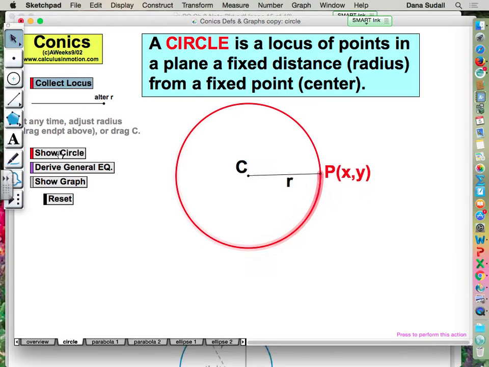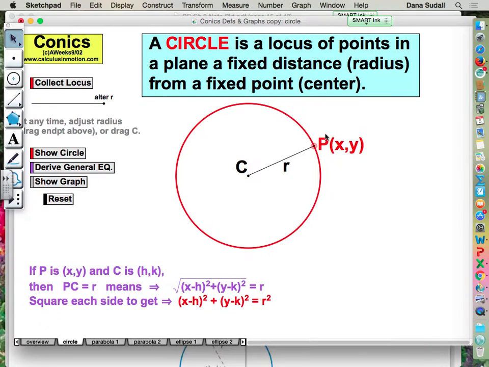And if I want to find the distance from any one of those points to the center, I would use my distance formula. So x minus my x coordinate, and usually that center, we call the coordinates for that h and k.